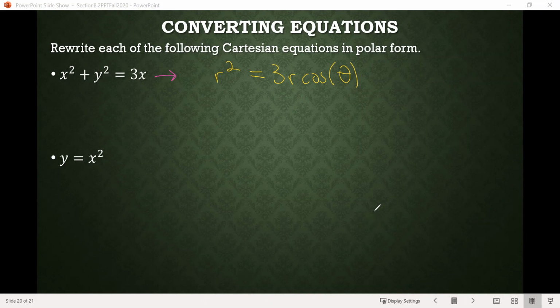So here's what we're going to do instead: move all the terms to the same side of the equal sign. So I'm going to subtract 3r cosine theta here, subtract 3r cosine theta here. Okay, so these will cancel. And then we'll have r squared minus 3r cosine theta equals 0.